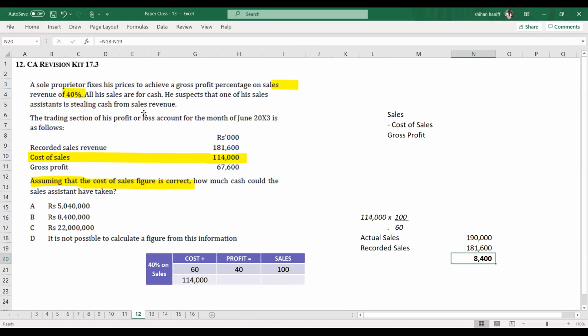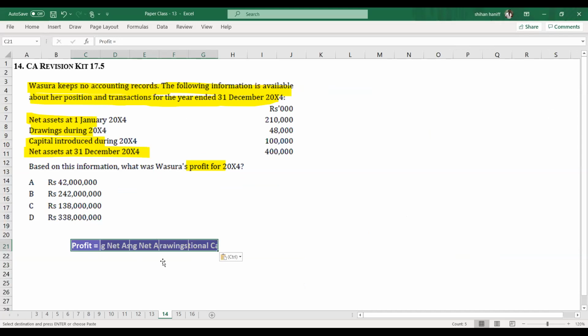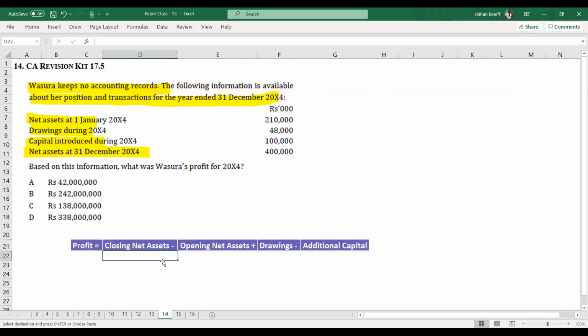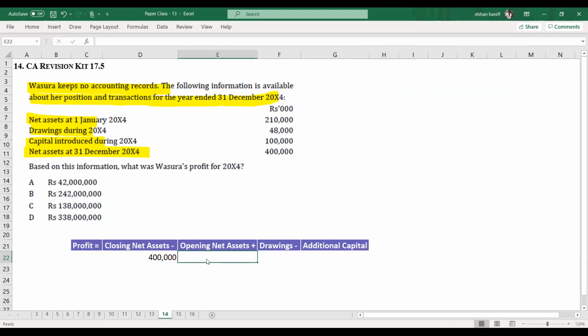Question number 14. Profit equals closing net asset 400,000, opening net asset 210,000.